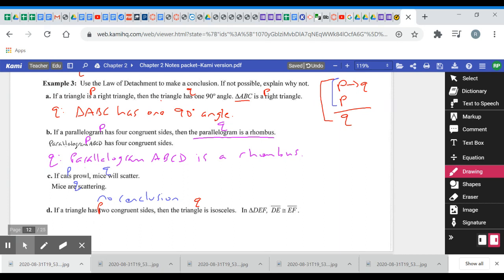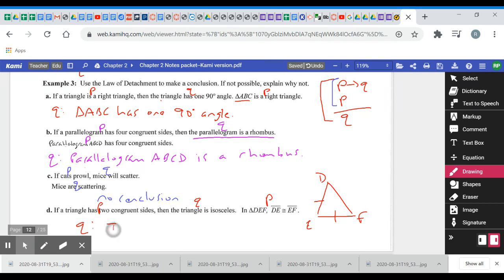DE is congruent to EF. That helps you to draw a picture of what's going on. You can certainly do that. So basically that is restating P with a specific example of triangle DEF. So therefore my valid conclusion is going to be restating Q with this specific example.